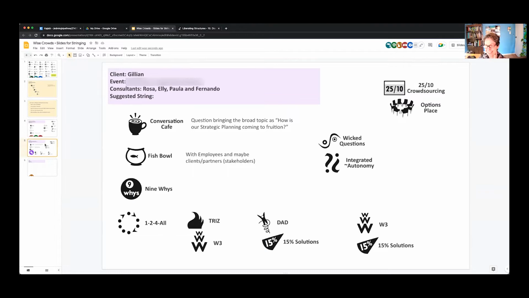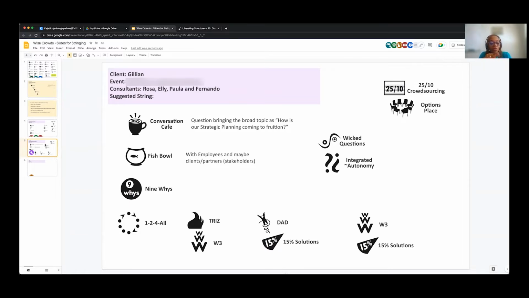Gillian, what came to you? Oh, I have a leadership retreat that's for a couple of days. And one of the things that the client is asking for is a discussion around the answer to the two questions: who are we and what do we do?